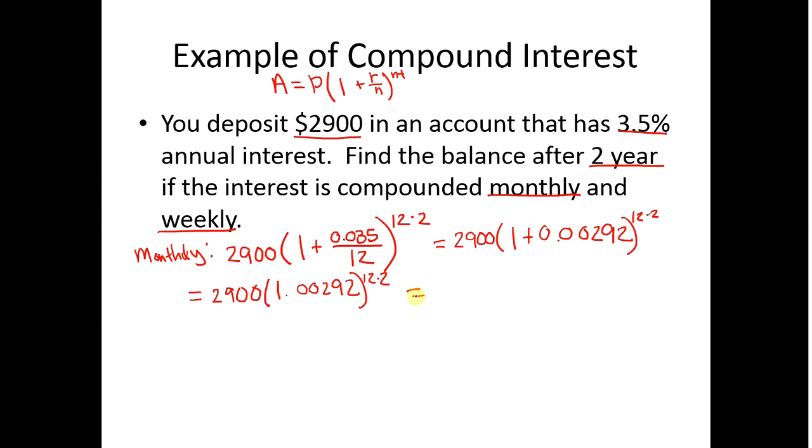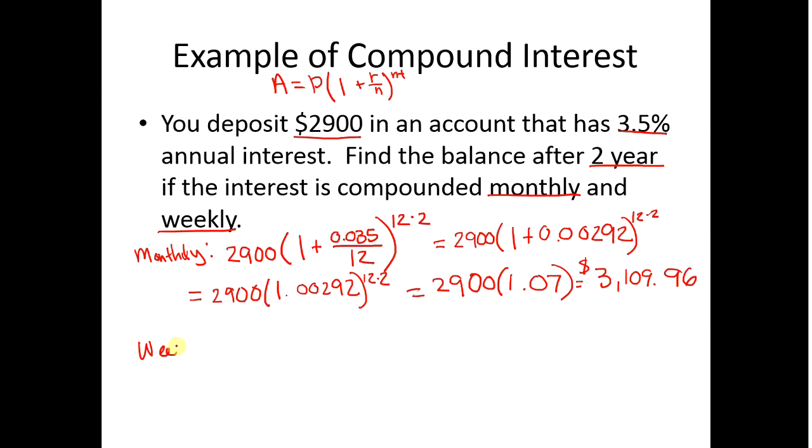Now I'm going to figure out what this is. 1.00292 to the 24th power is approximately 1.07. When I multiply that, I get $3,109.96. So that's monthly. After 2 years, that's how much money I'm going to have at the end.